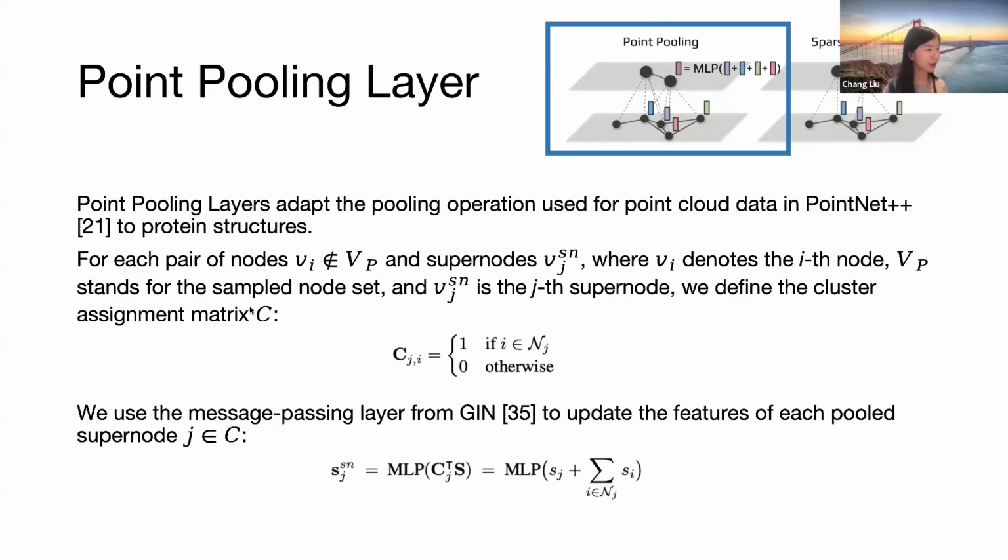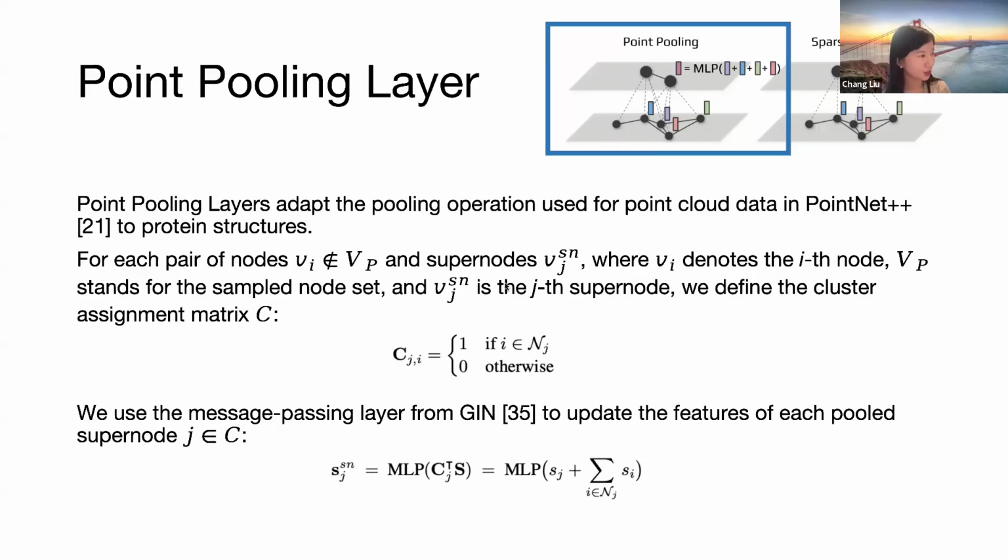For each pair of nodes, Vi does not belong to Vp, where Vp is the sampled supernode set of the next graph neural layer.